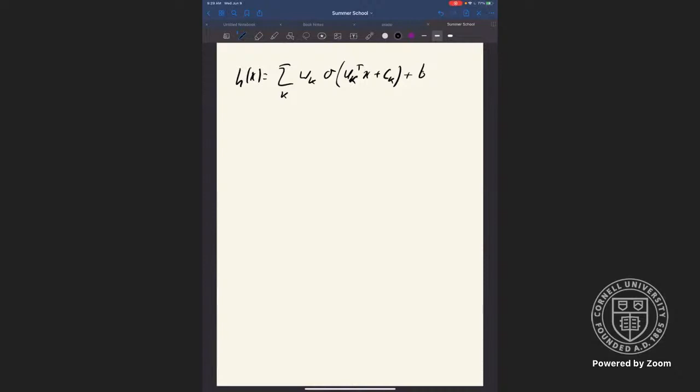So why is this so powerful? Let's just think about this for a second. What is this function in here? This here is a linear function, and the sigmoid basically has this shape.